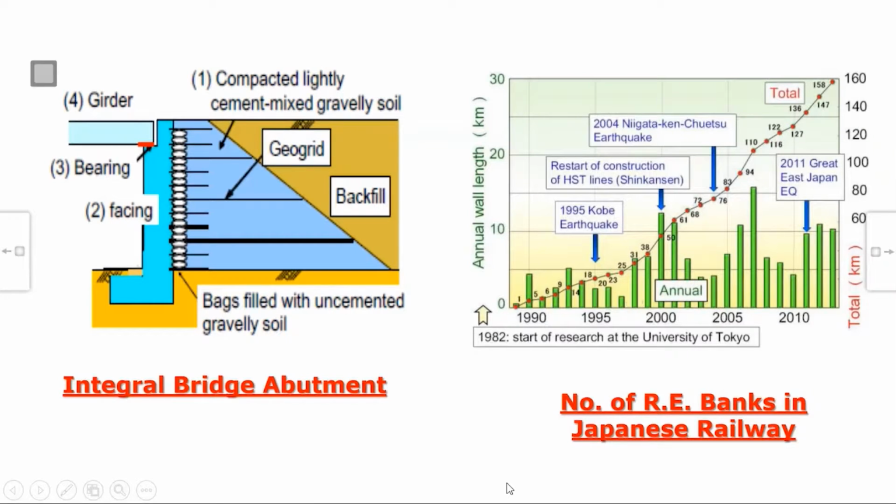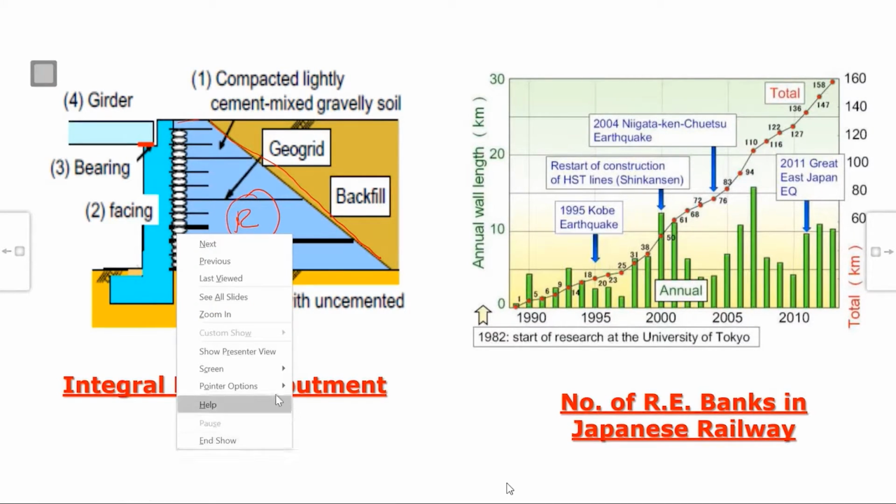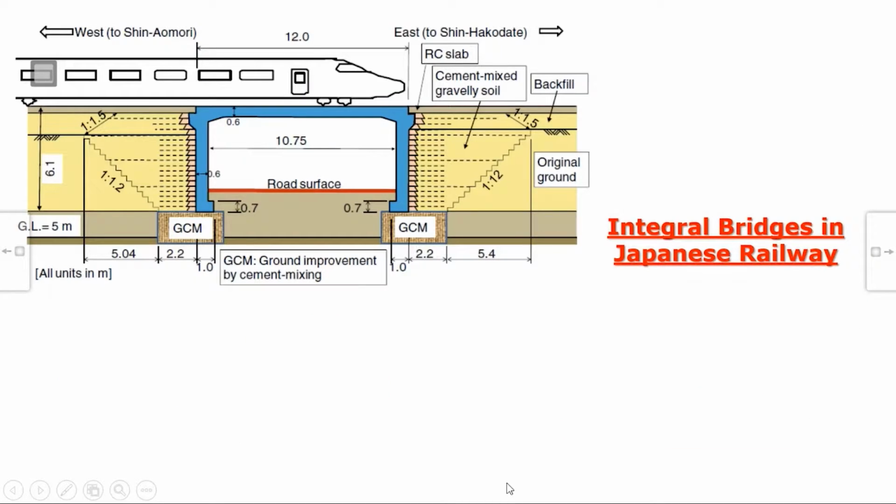This one used cement mixed gravelly soil as the select or reinforced fill. Whereas in the next one, here also they have used cement mixed gravelly soil in this triangle. In addition to that, they have used it here also.